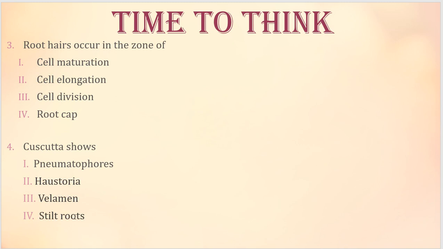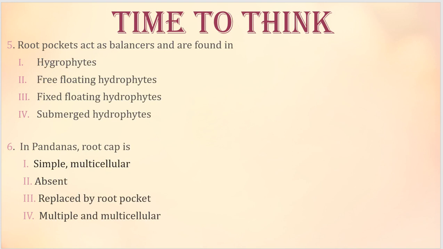And stilt roots are accessory roots which are produced from thin, slender plants. For stilt roots, we have discussed that examples are sugarcane, grass, wheat, maize, Pandanus, all those things. So Cuscuta, as it is a parasite, shows haustoria.